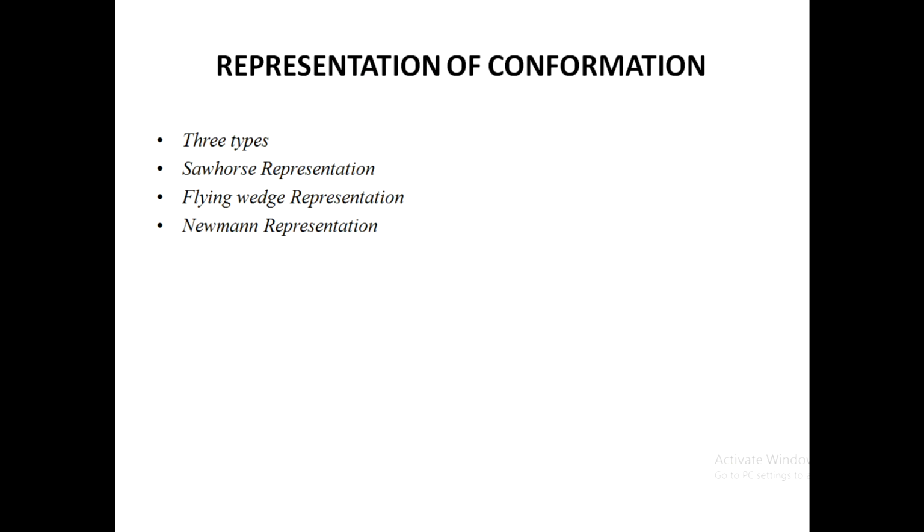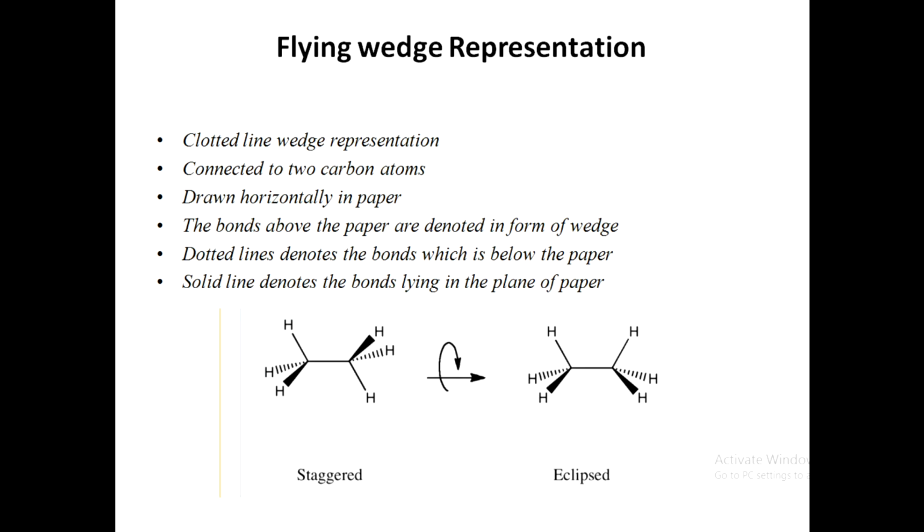Representation of conformation. There are three types of representation, that is Sawhorse representation, flying wedge representation, and Newman representation. First one is the flying wedge representation. We can also call it dotted line wedge representation, and the two carbon atoms are connected.